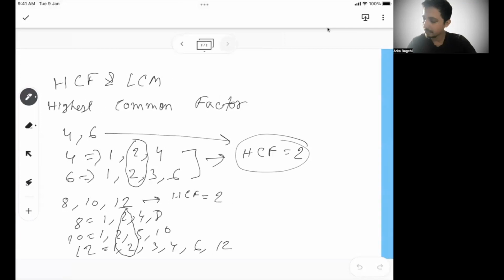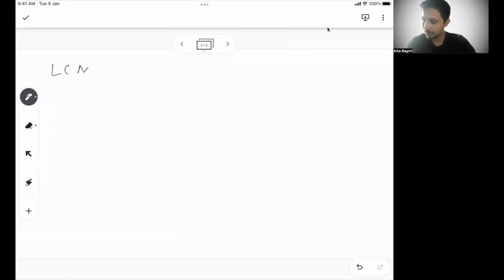Similarly, what is LCM? LCM is least common multiple. So basically, let's say 4 and 6. Which multiple of 4 is common with 6?